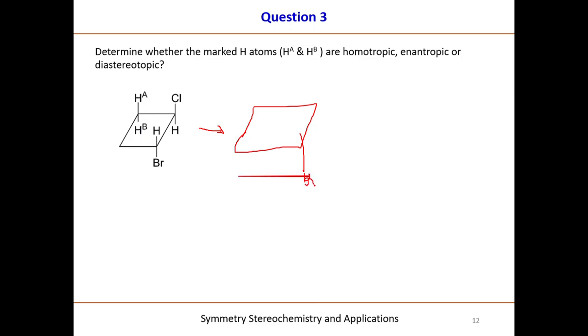Bromine will remain the same. Here I am changing HA by a halogen atom, and HB will remain as it is. And here I will write the other possibility. Sorry, this is X.